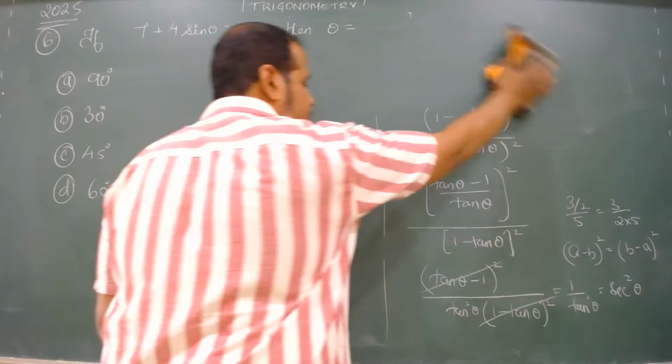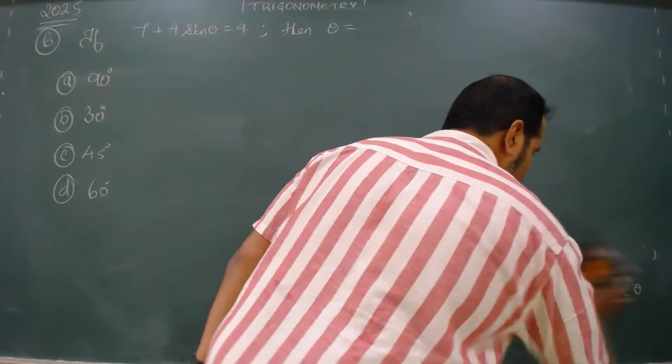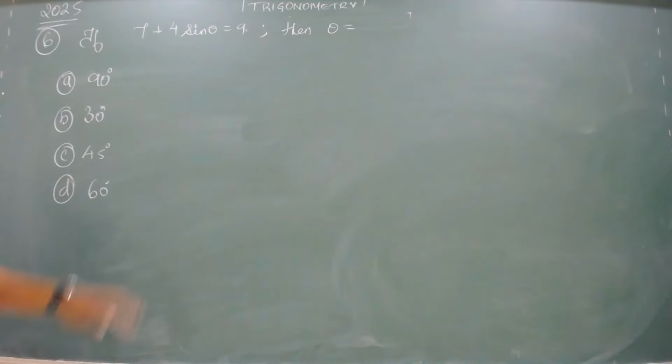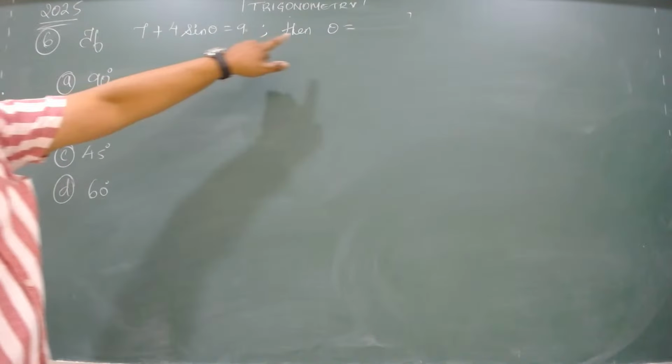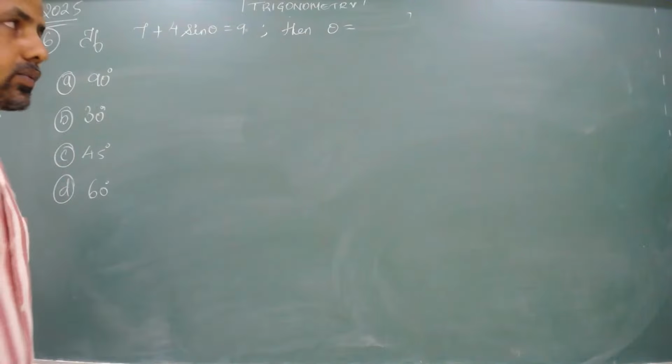Let me read this. Okay. Now, clearly you can see that they have given us an equation. For this equation, what is the value of theta? Let us try simplifying the equation.